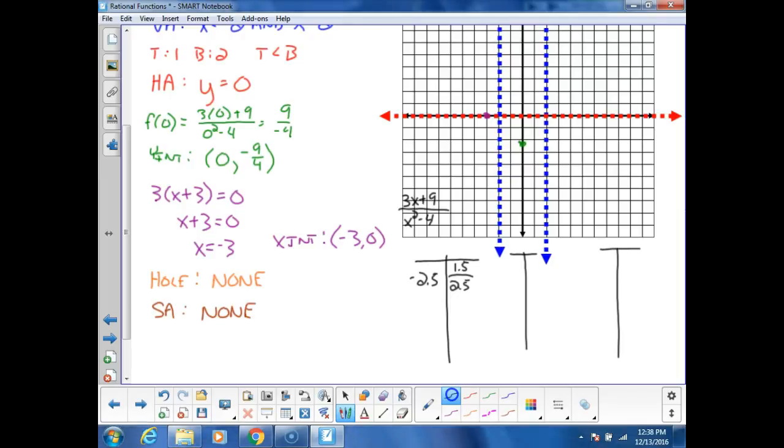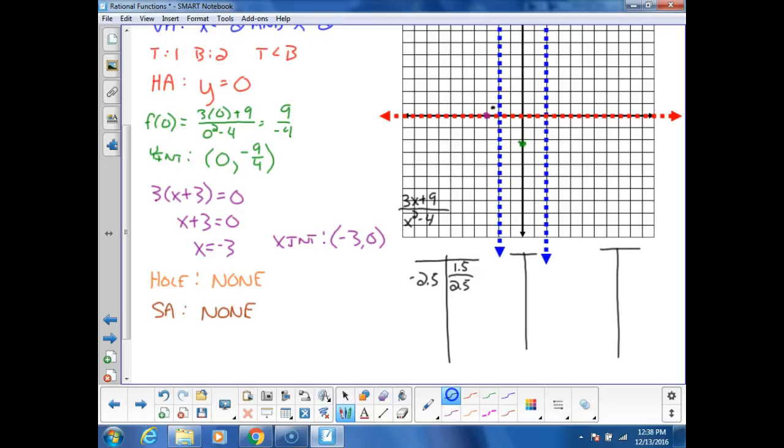Positive 1.5 divided by positive 2.5 is 0.6, and that is positive. So I'm above, so as I come closer and closer to that vertical asymptote, I'm going to be shooting up.